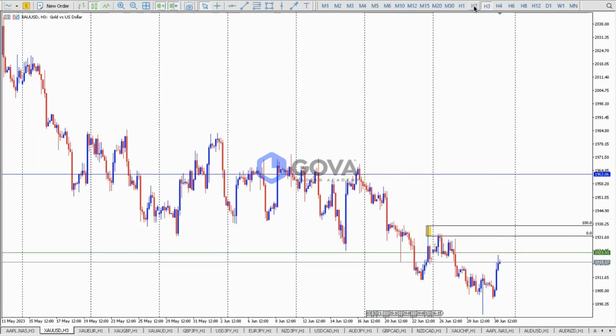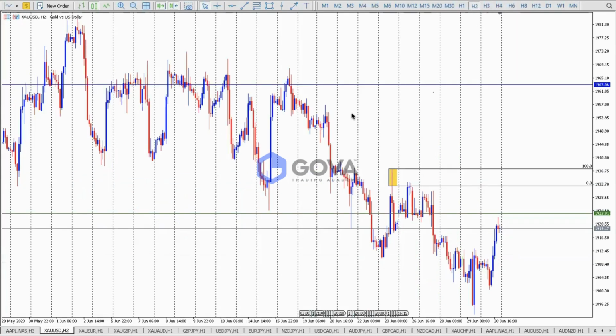Even if you are using the daily equilibrium line, what you have to look at is to look for a zone on the H2 time frame. You can see this is H2. Remember, I told you this is the 24 hours time frame.